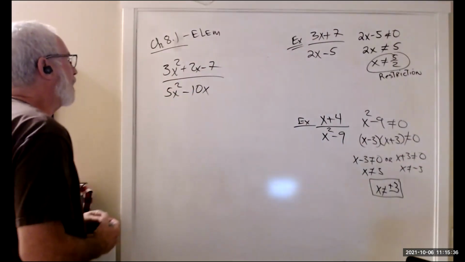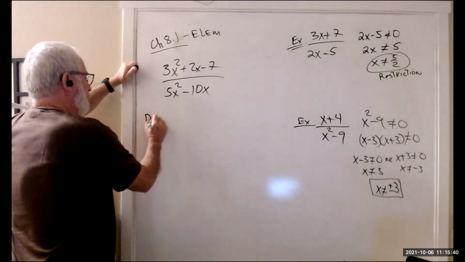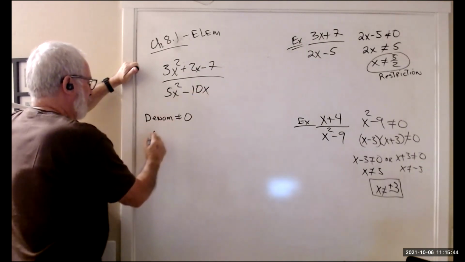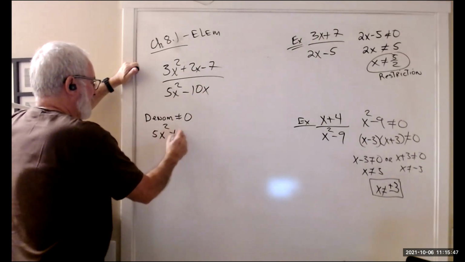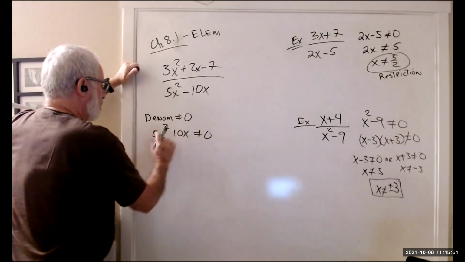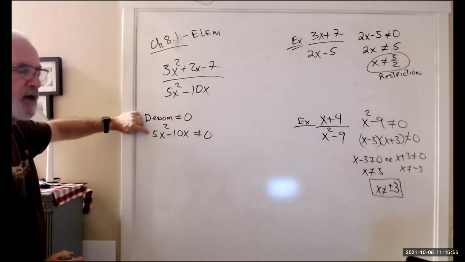Okay, so again, restrictions say the denominator cannot equal 0. So you take the 5x squared minus 10x and say it cannot equal 0. And then you study that and ask, how do I solve that?